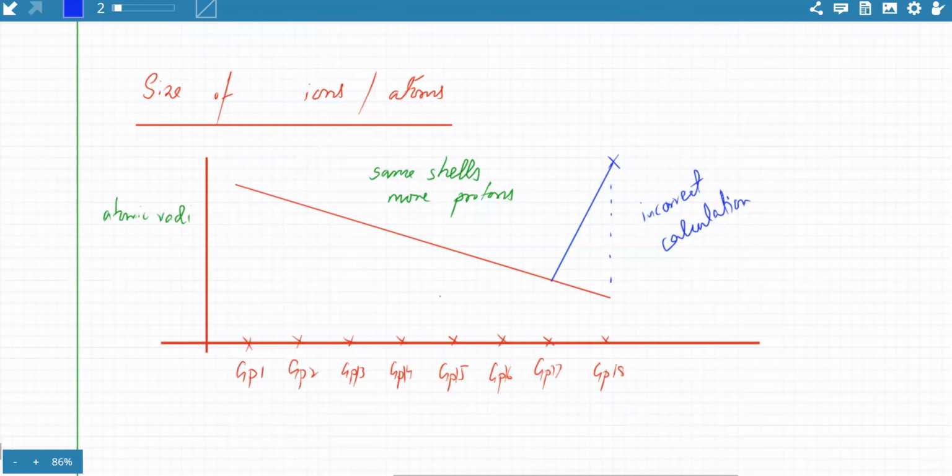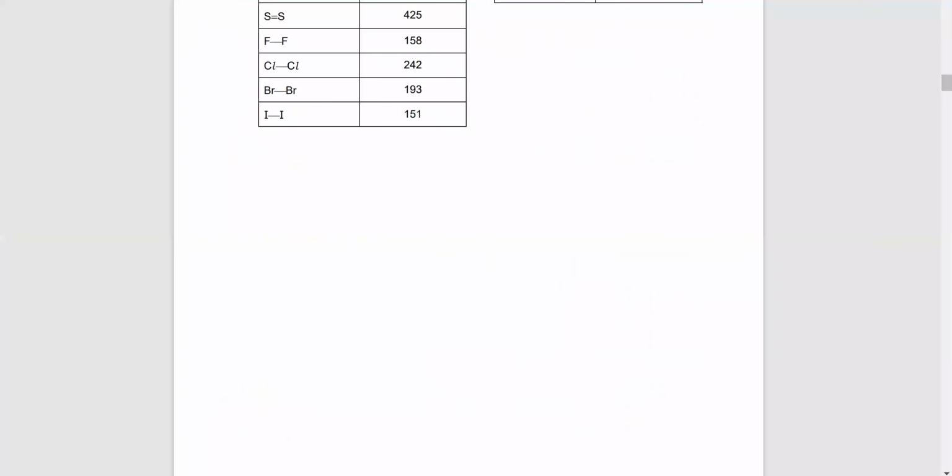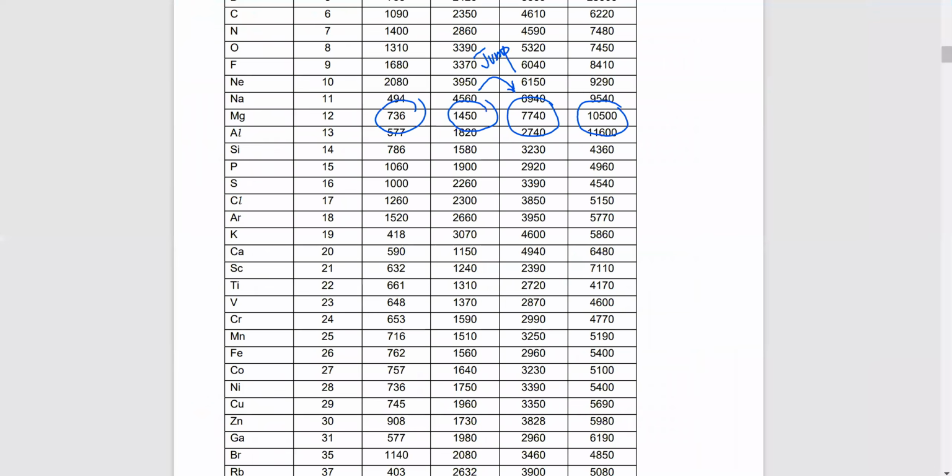And let me also explain कि डेटा बुकलेट के अंदर the atomic radii would be provided. तो हम देख लेते हैं अक्रॉस द पीरियड, उसका ट्रेंड भी देख लेते हैं.